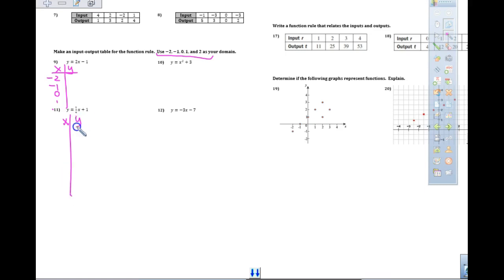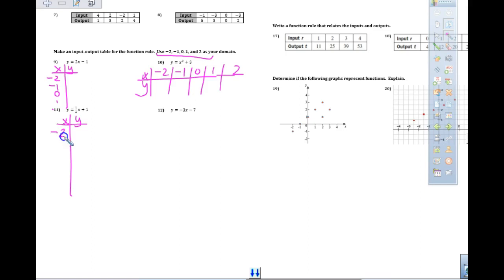You're going to make an XY table. If you would prefer to make your XY table going across, that's okay, if you have more room. But what you need to do is plug those numbers in your calculator or solve. Make sure you're understanding how to do that.